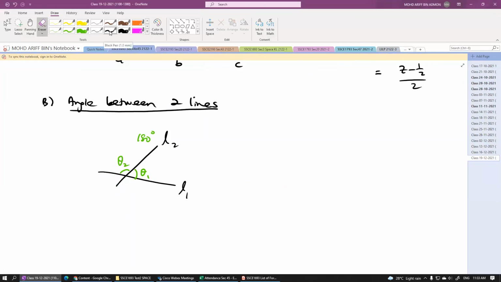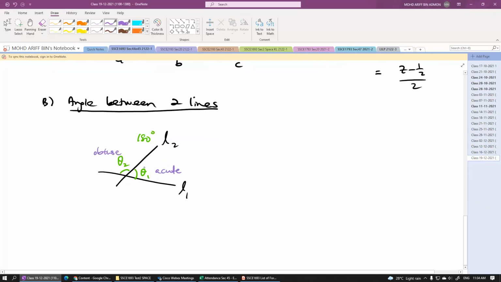Now take a look here. During the question, they might ask you to find the acute angle. If theta 1 is your acute angle, it means you have to give your angle less than 90 degrees. If they ask you to find the obtuse angle between two lines, L1 and L2, you have to give us theta 2, which is your angle more than 90 and less than 180.